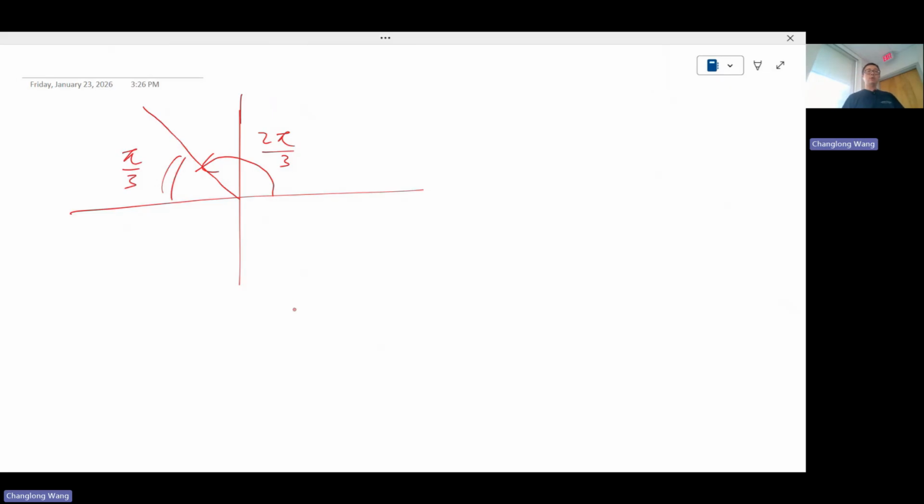But now, how do I draw the negative version? Instead of turning counterclockwise, I'll turn clockwise, right? So it will be reflected about the horizontal axis. So this is negative 2 pi over 3.